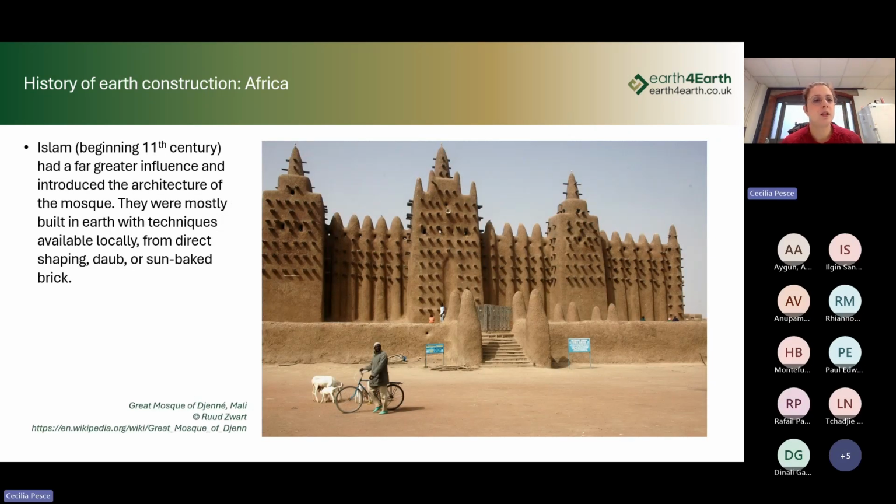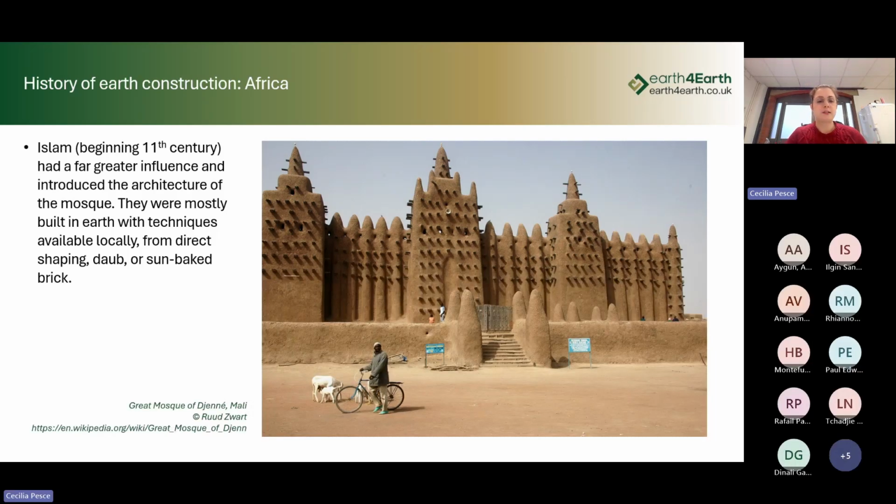Here we're still in Africa, much later, in the 11th century, but with the expansion of Islam, of course, the architecture developed and changed. The architecture of the mosque was introduced, and mosques were built in earth with locally available techniques.